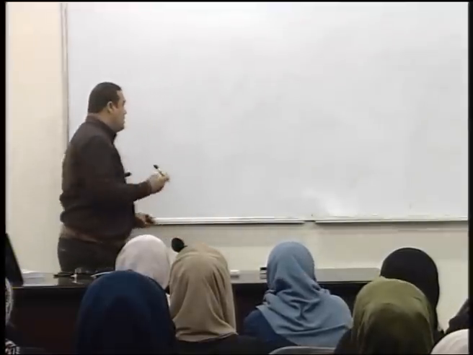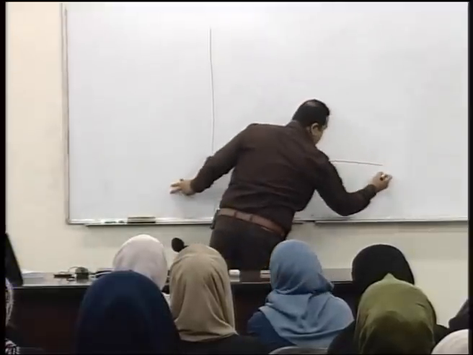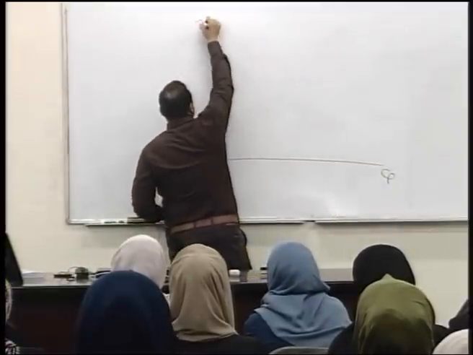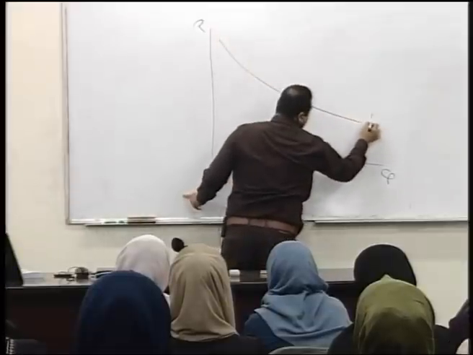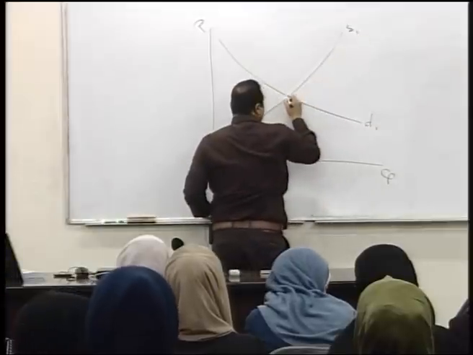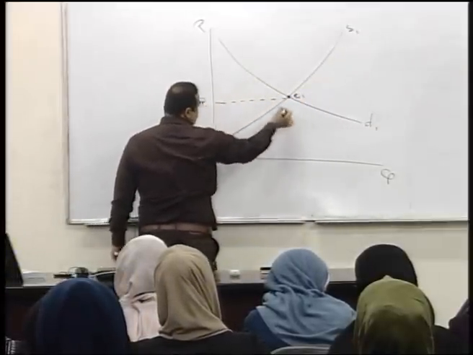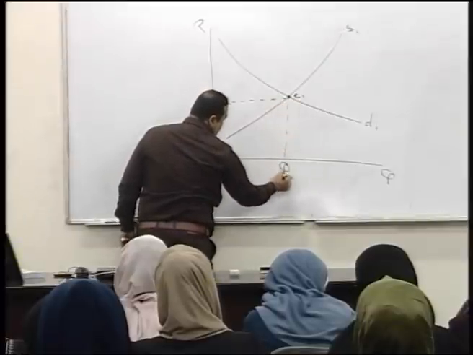So let us analyze. This is the original situation, quantity, prices, and this is the demand for shoes, D1, S1, E1, price P1, Q1.